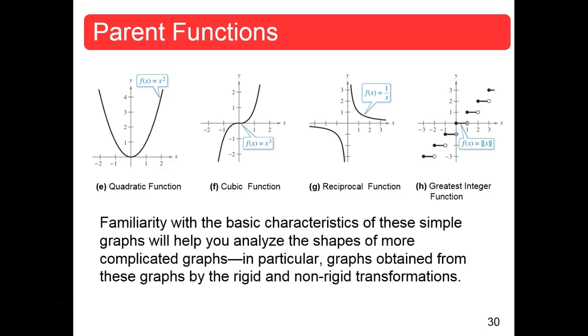Range: all non-negative real numbers from 0 up. Because you square any number, positive or negative, it's always going to be positive, except 0, and that's 0. Symmetry: across the y-axis, so is it even or odd? It's even.